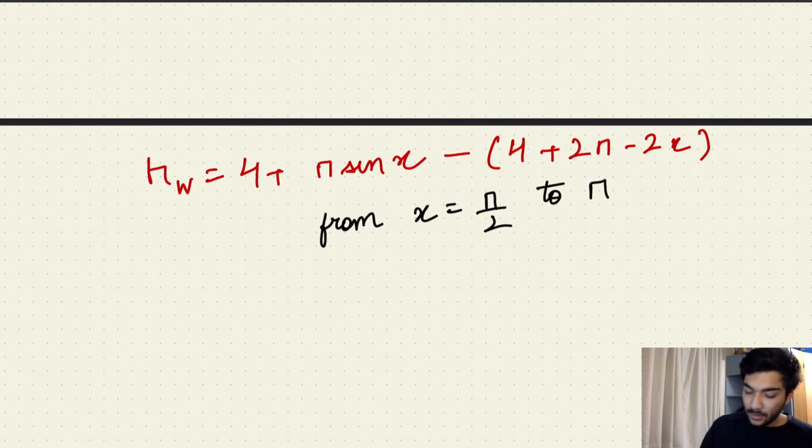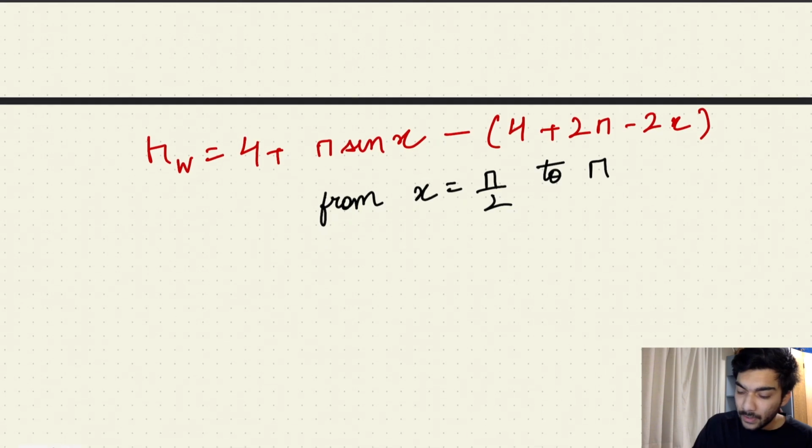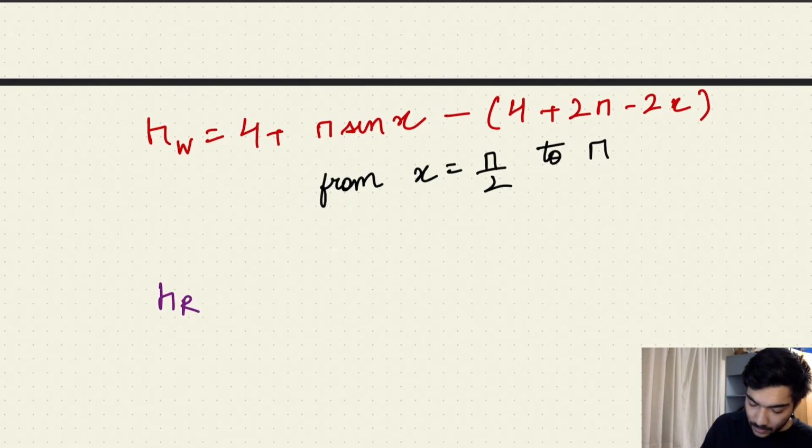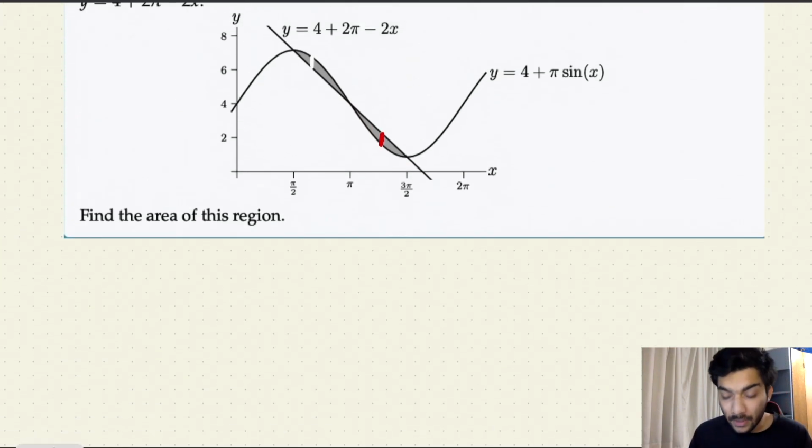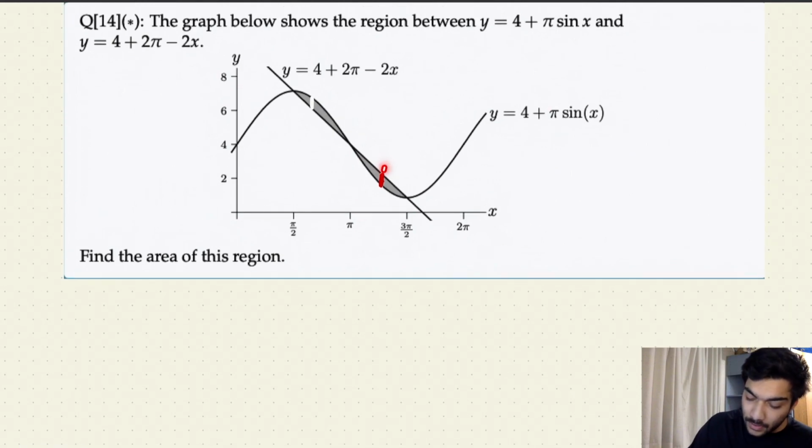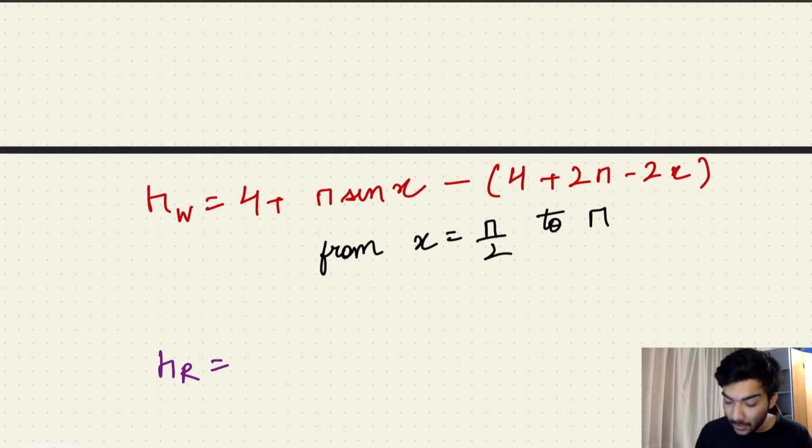And now let's represent the height of our red vertical strip over here. Since in this case it's opposite, our upper y value is based on the line function value and the lower y value is based on the sine function value.